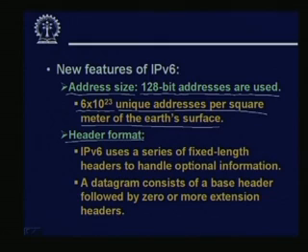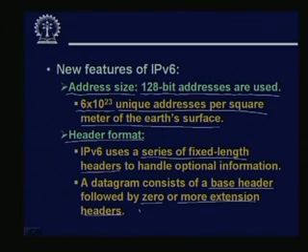IPv6 does not use a single header, but a series of headers. All the headers are of fixed sizes. There is one header which is compulsory, which is called the base header. Following the base header, you can have 0 or more extension headers.